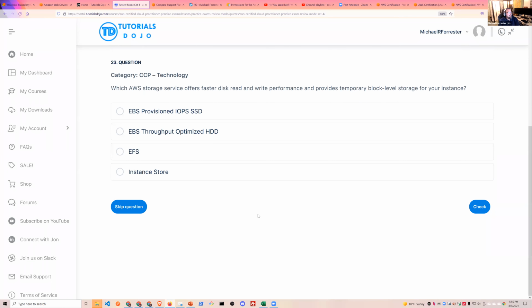All right. Last two. Which AWS storage service offers faster disk read and write performance and provides temporary block level storage for your instance? In other words, which of these offers temporary storage, not permanent storage? That's really the question.